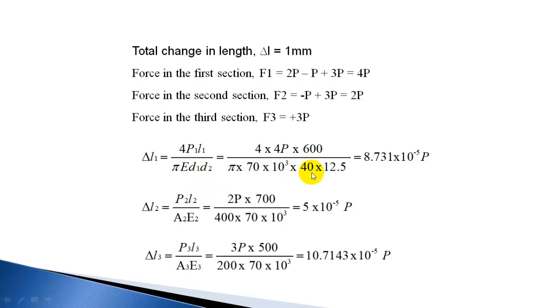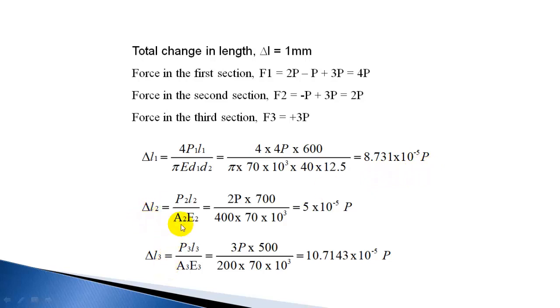D1 and D2 are 40 and 12.5. The internal force is 4P, you don't substitute a value for P, just 4P. Substitute that and you will get the deformation in terms of P, 8.731 into 10 raised to minus 5 P.